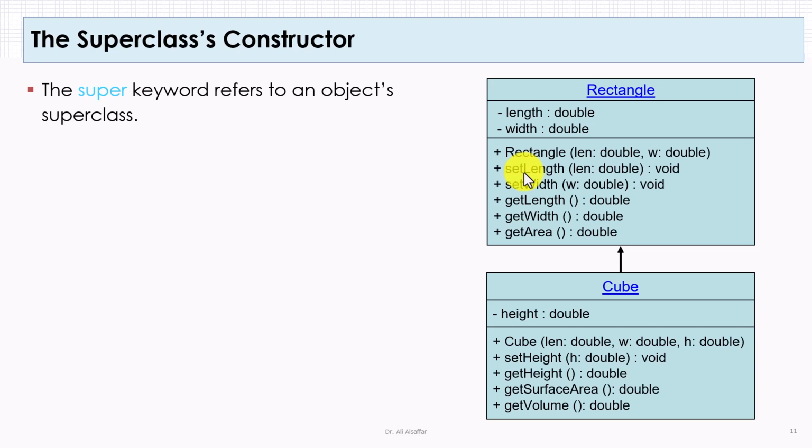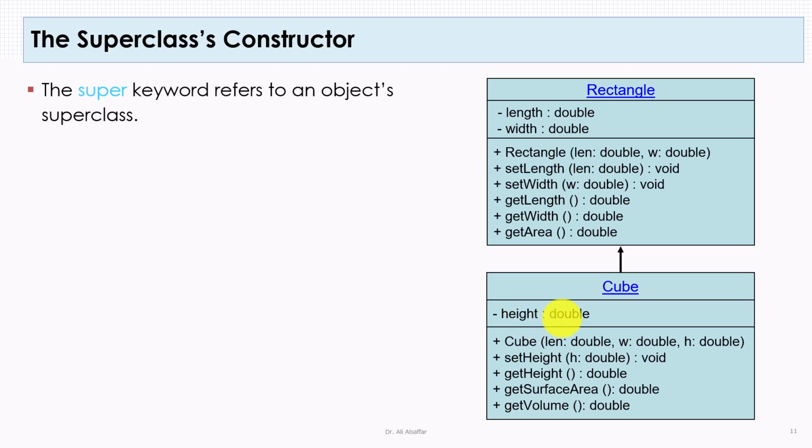Also, it has the getters and setters for these two data members, as well as a method that computes the area of a rectangle.